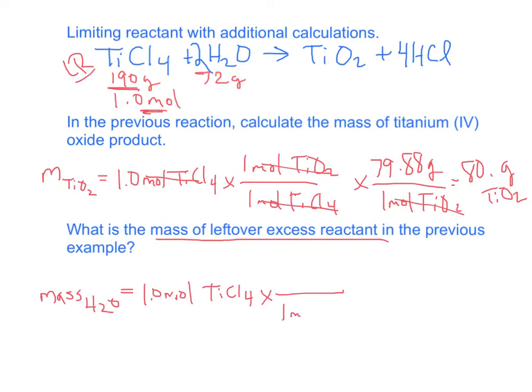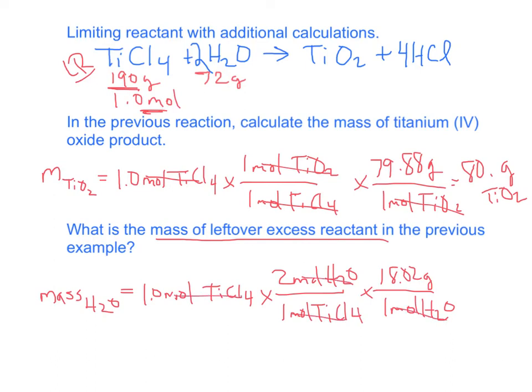So 1 mole TiCl4 is 2 moles of water. And now we're going to find the mass while we're at it. So for a mole of water, it's 18.02 grams of water. And the moles divide out there, so we come out in grams of water.